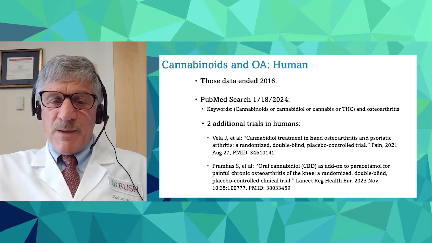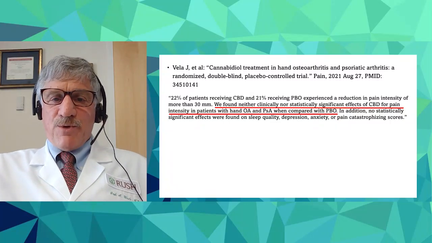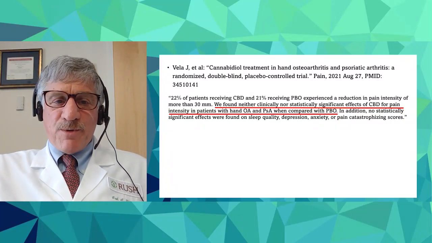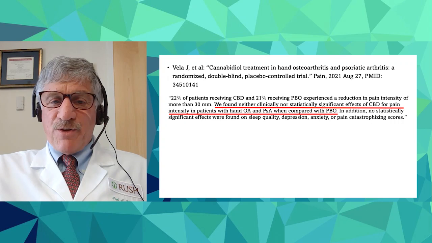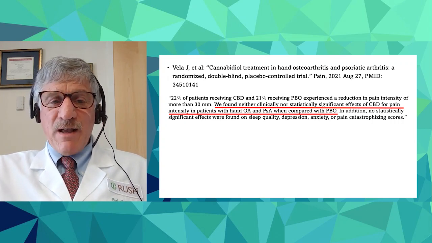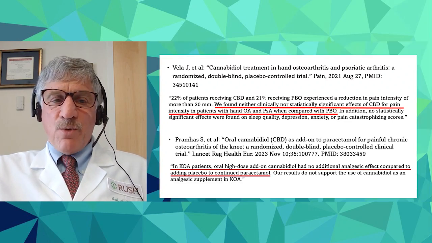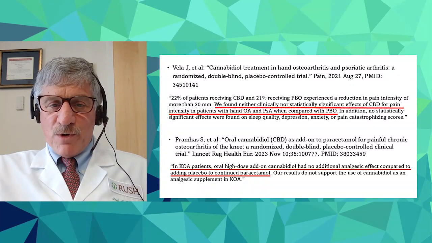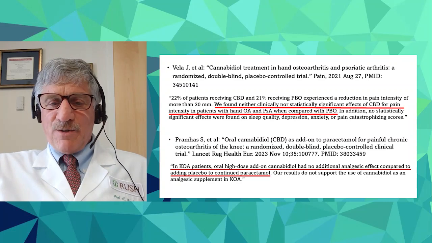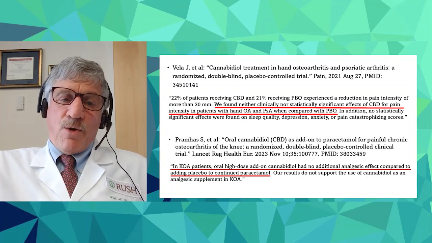There was a cannabidiol trial in hand OA, and in that trial it was cannabidiol versus placebo, and what they concluded was neither clinically nor statistically significant effects of cannabidiol for pain in people who had hand OA. It was a null study for OA. What about the other study? That was oral cannabidiol as an add-on to paracetamol, acetaminophen, for OA of the knee.